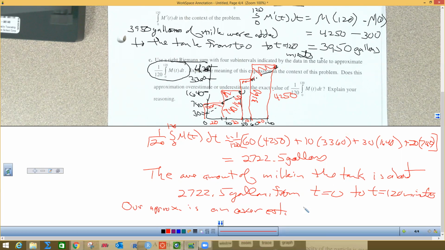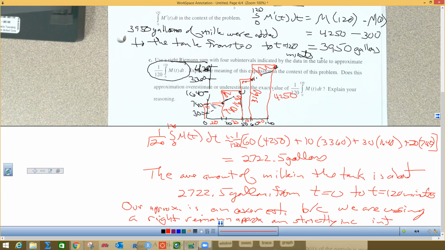because we're using a right Riemann approximation on, if you remember up there at the top, it said on a strictly increasing interval.